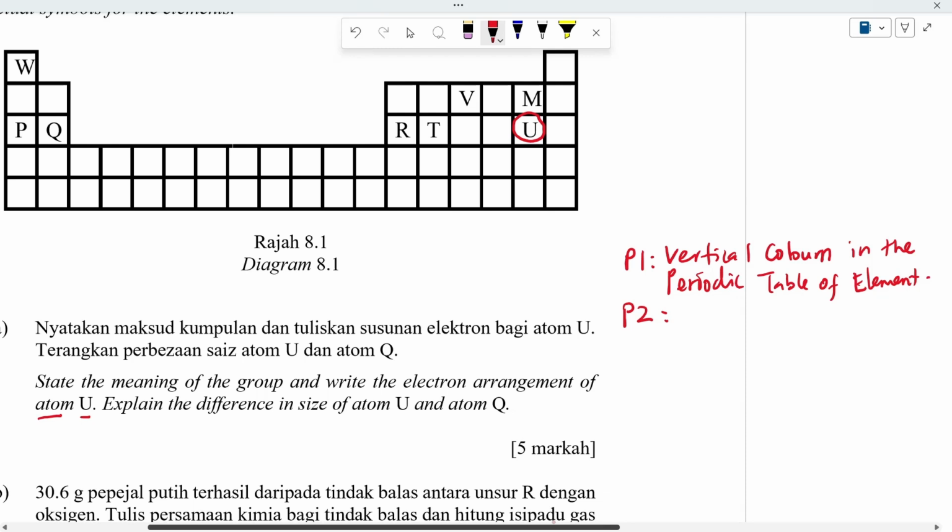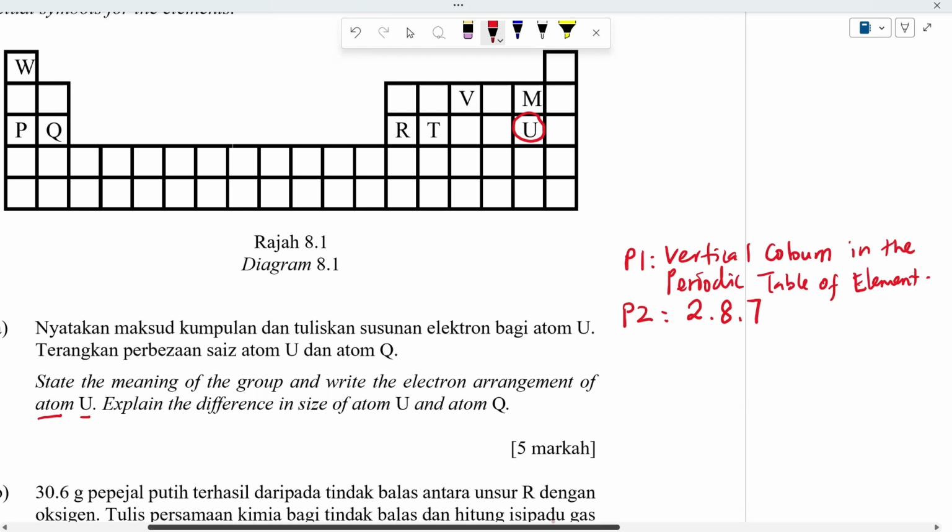What is the electron arrangement? Okay, 2.8.7. Everybody, you get the same answer?